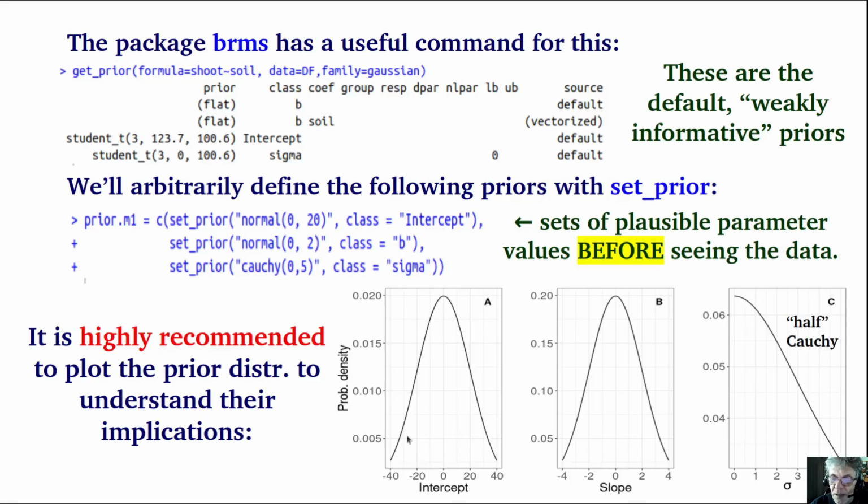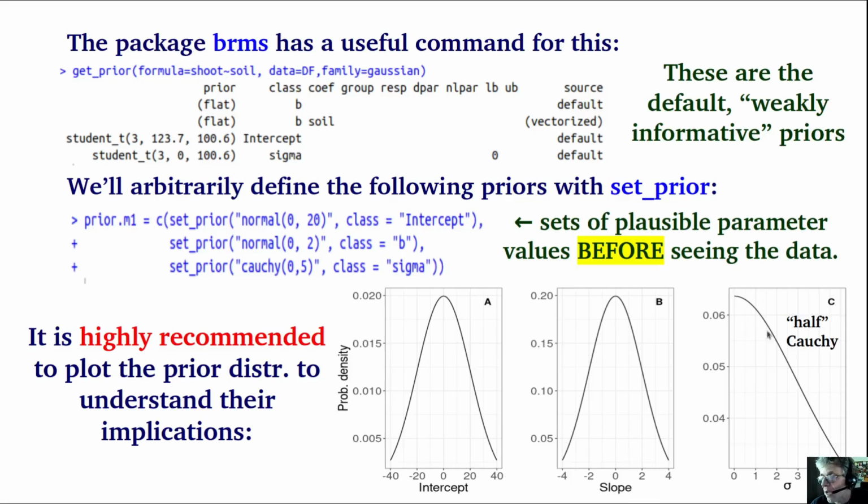This is a very wide range. For the slope, we are saying that roughly we expect values between -4 and +4. Could be anything between -4 and +4. This is the kind of knowledge that we have about the slope governing the relationship between the explanatory variable and the response variable before seeing the data.